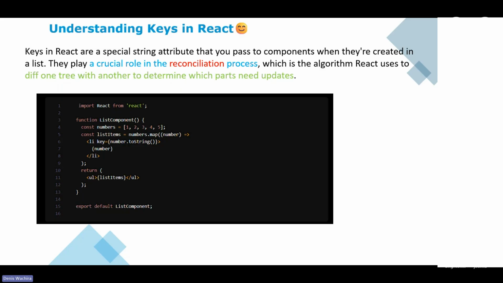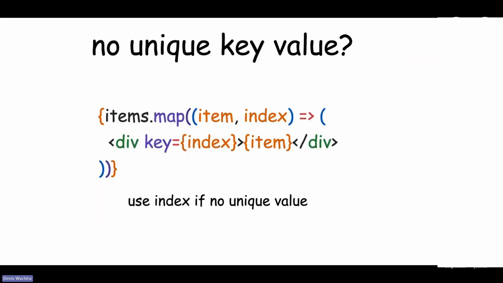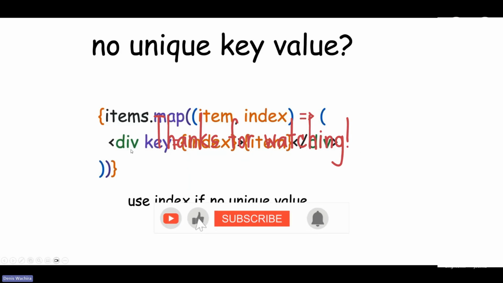So the pitfall for the index. Let's go next here. Like this, we can pass the index as our key. So the div we are trying to create, each div will be created with the index as the unique identifier of that div.